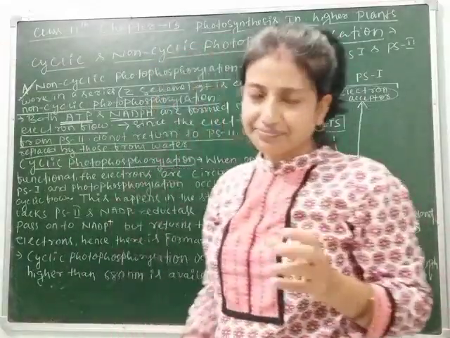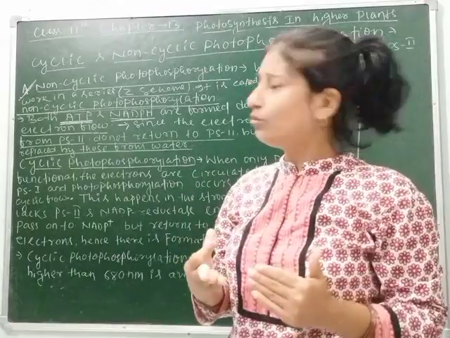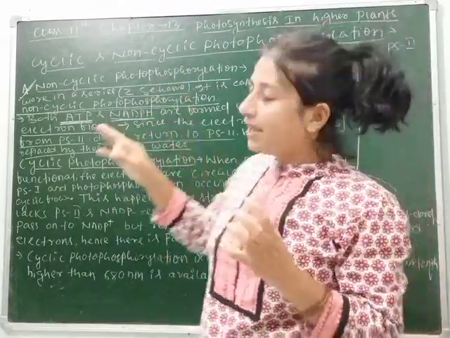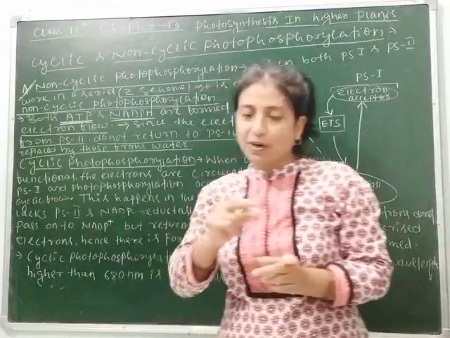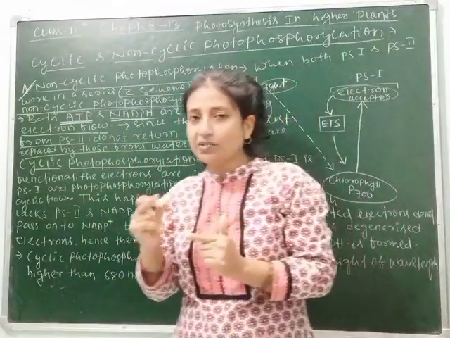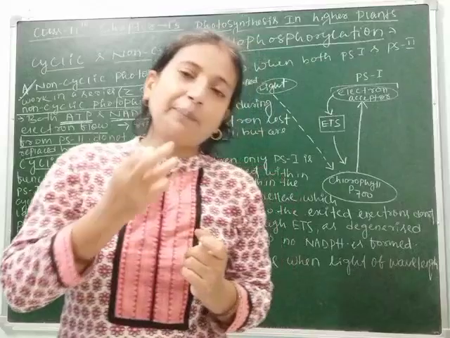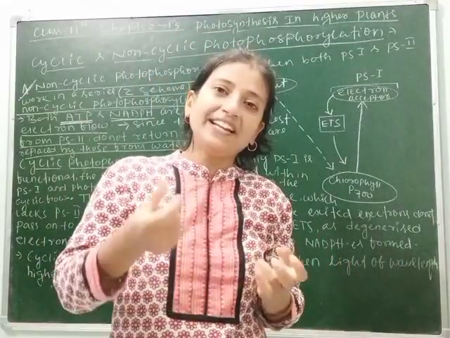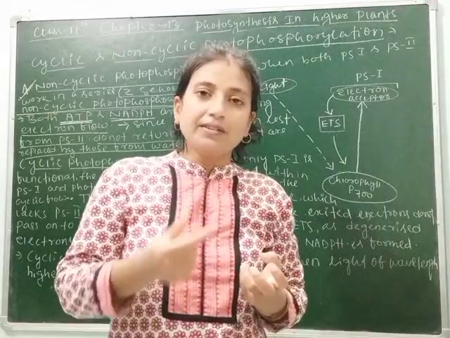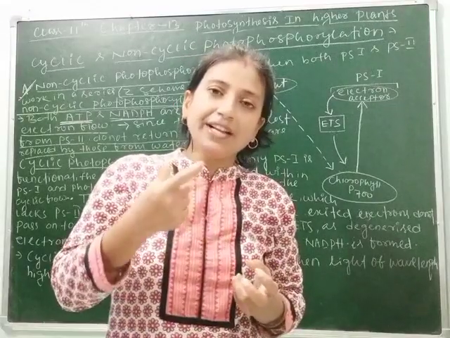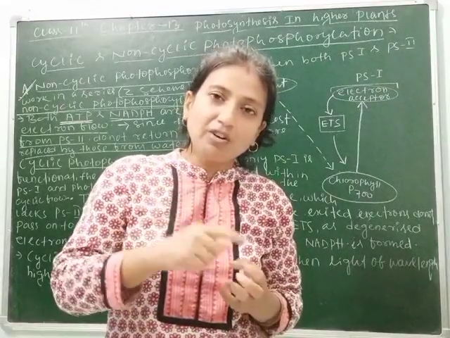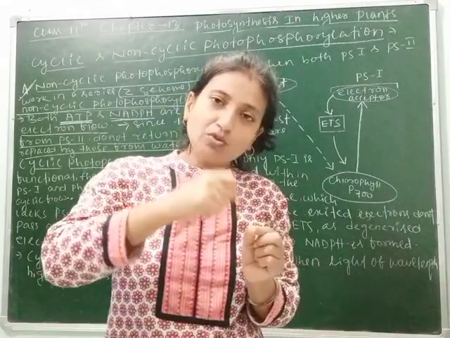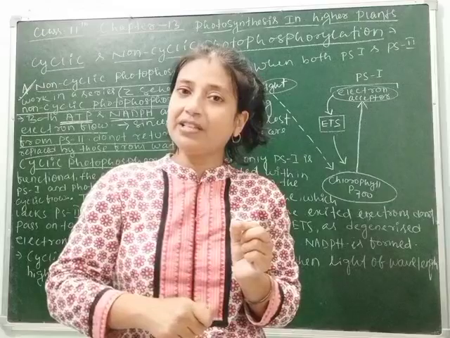As I explained in yesterday's class, when electrons are transported from PS2 to PS1, PS2 loses its electrons. Then how does it gain electrons again? During electron transportation, PS2 loses electrons for the formation of ATP and NADPH.